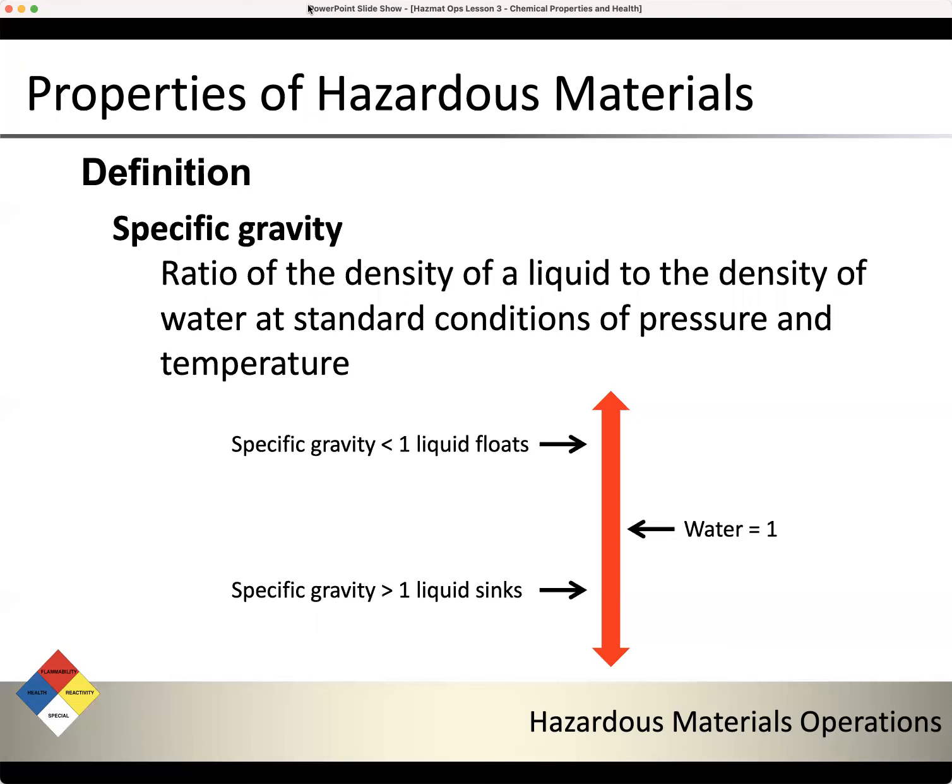Just like with air and vapor density, we give water its specific gravity of 1. If the specific gravity of the chemical we're comparing it to is less than 1, it'll float. If the specific gravity of the immiscible liquid or chemical is greater than 1, then it will sink.